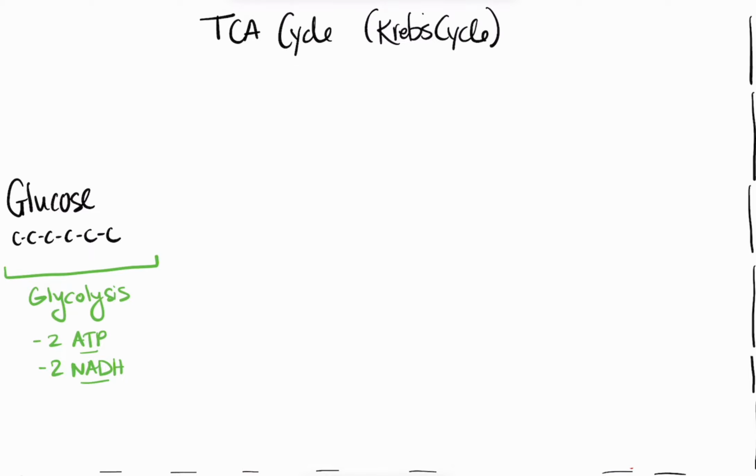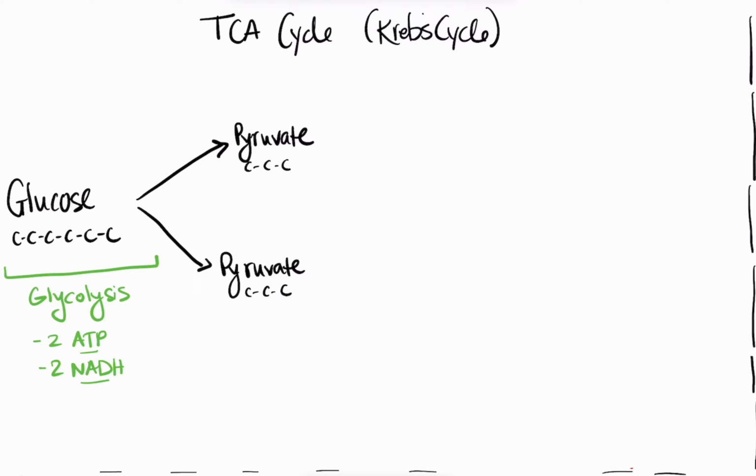And at the end of glycolysis, we ultimately ended up with 2 pyruvate molecules. The reason there are 2 is that glucose was a 6-carbon molecule, and in the process of glycolysis, we split that into 2 separate 3-carbon molecules.